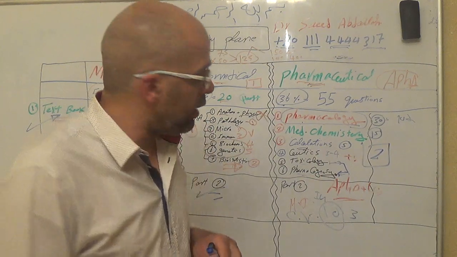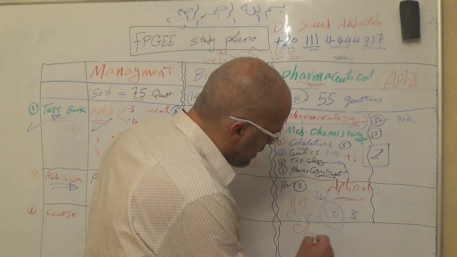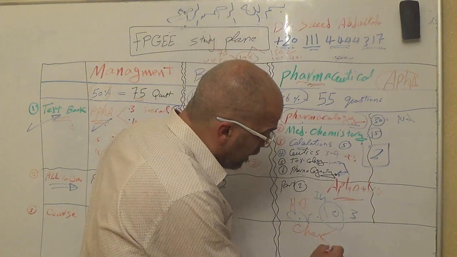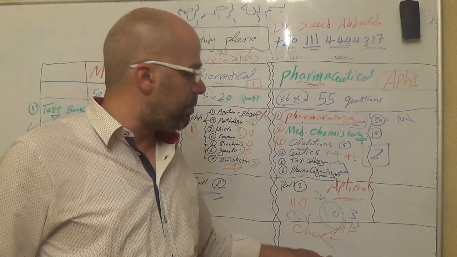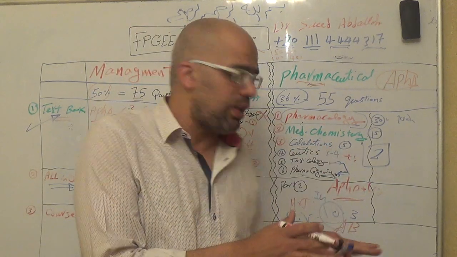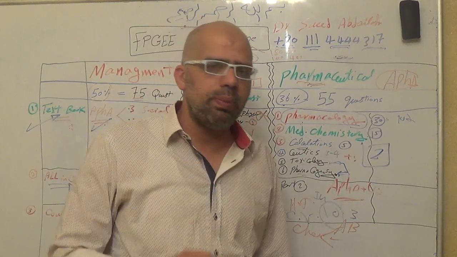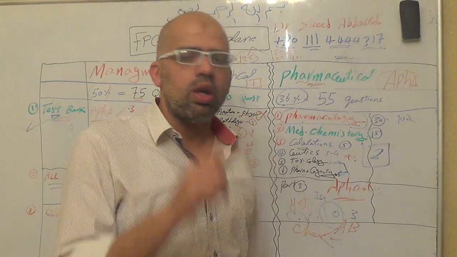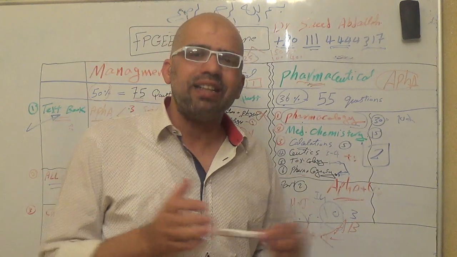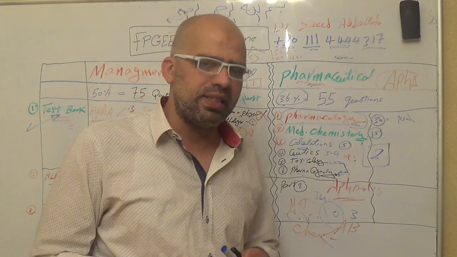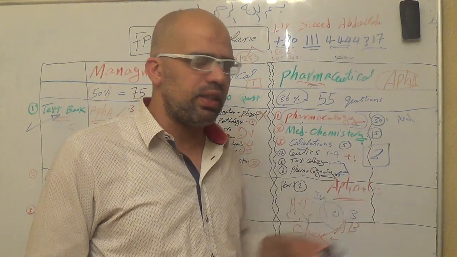I told all colleagues, chemotherapy is number 1. In chemotherapy, antibiotic is number 1, antiviral number 2, antineoplastic number 3. If there are 10 questions in chemotherapy, 6 or 7 will be in antibiotics, 1 or 2 in HIV and antiviral in general, 1 in neoplastic. So at least 60% is antibiotics.